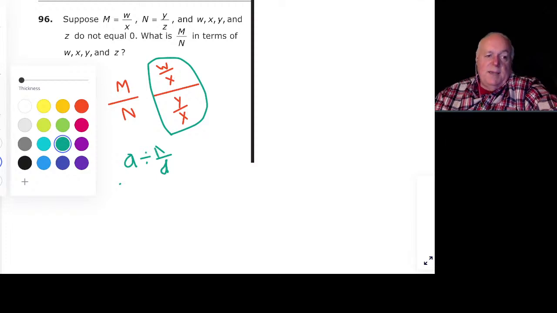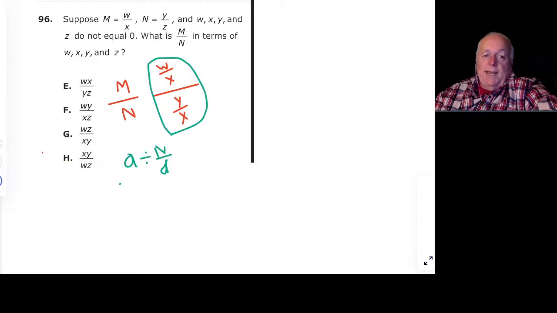This is the same as anything times the reciprocal of the fraction. So we would take not n over d, but we would change the divide to multiply and do d over n.